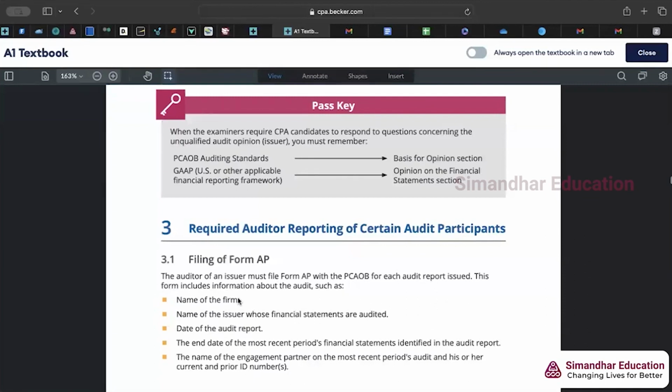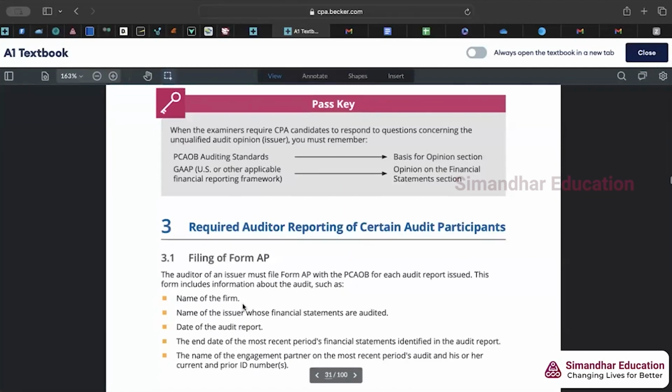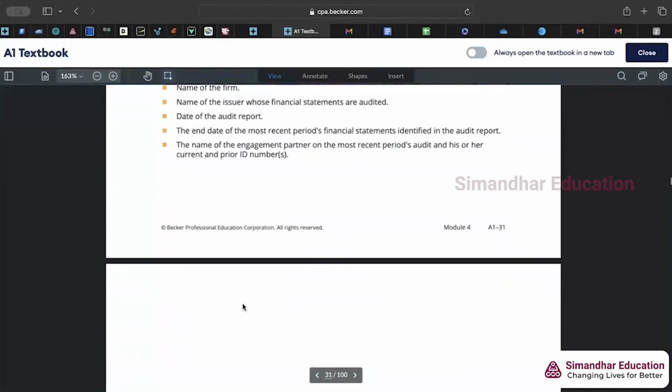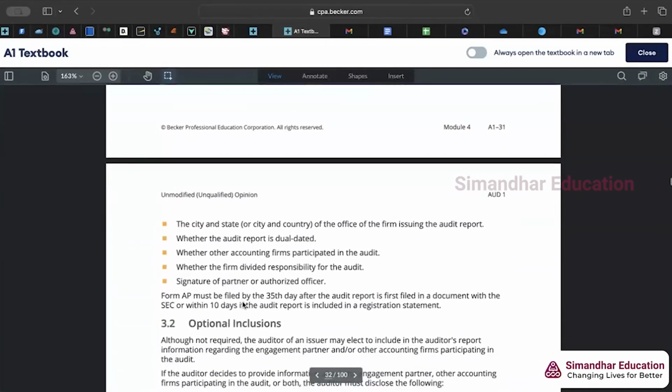This form includes the name of the firm, the name of the issuer whose financial statements have been audited, the date of the audit report, the end date of the most recent period of financial statements that have been audited, the name of the engagement partner, and the city in which they have been.